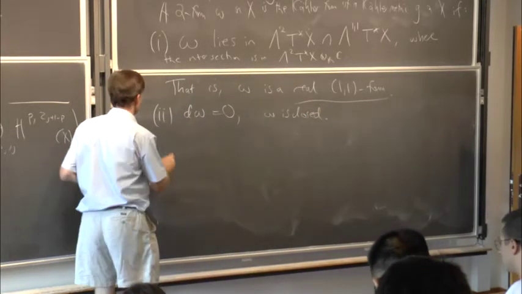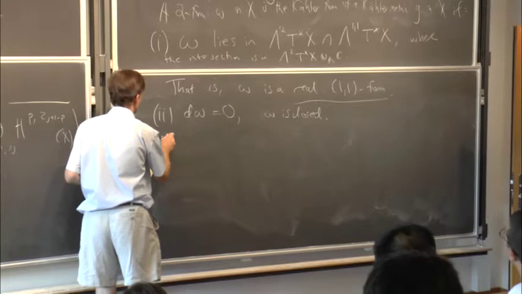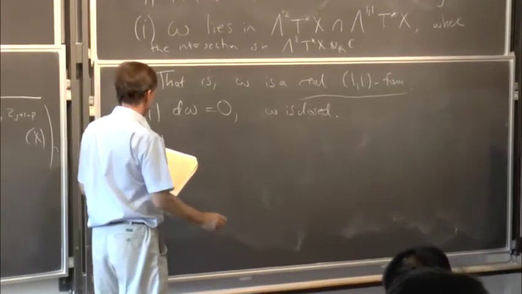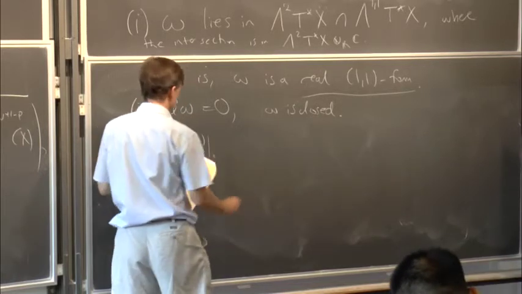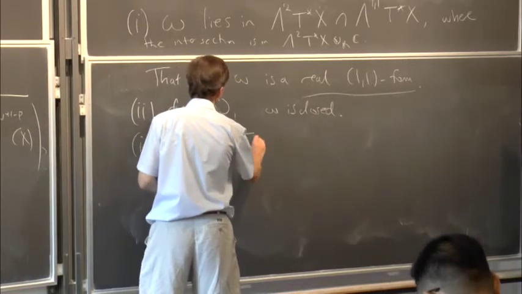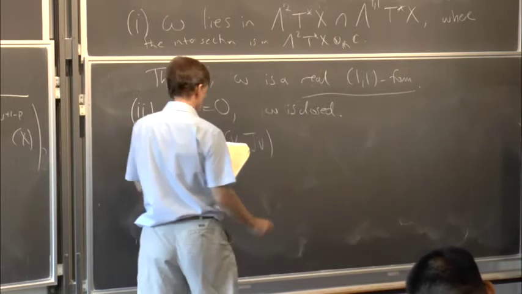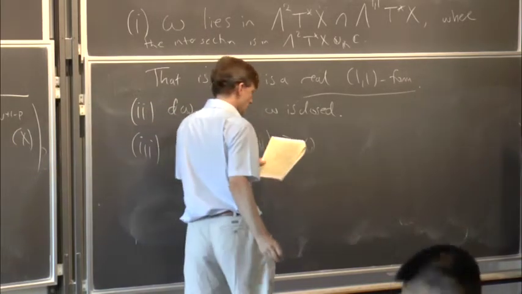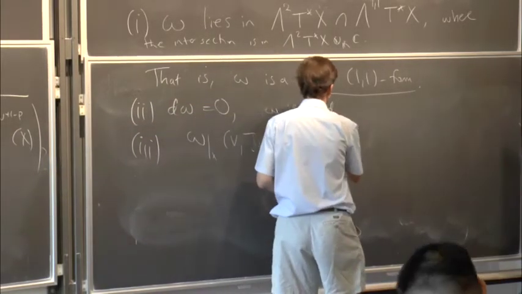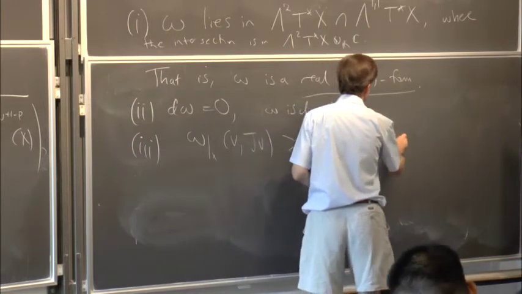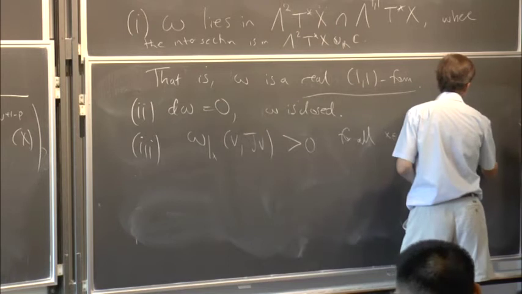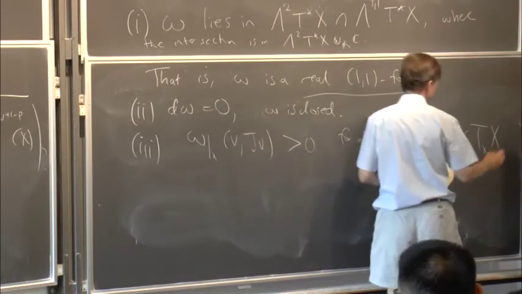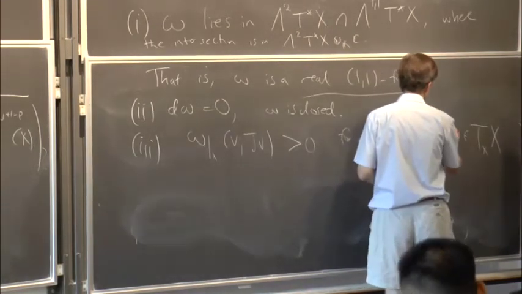And then the third condition is that, well, omega, let's say at some point little x, of v and then Jv is positive, and that has to be true for all little x in big X and v in the tangent space to X at x, which are non-zero.